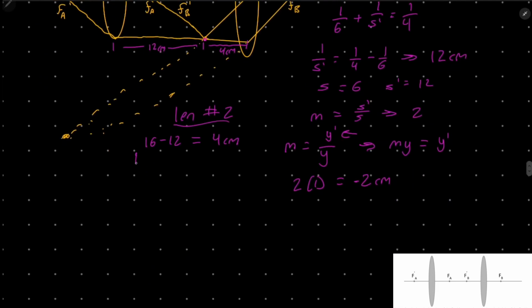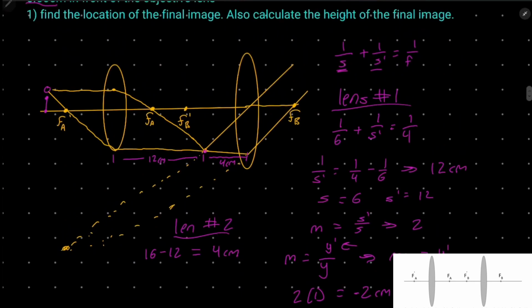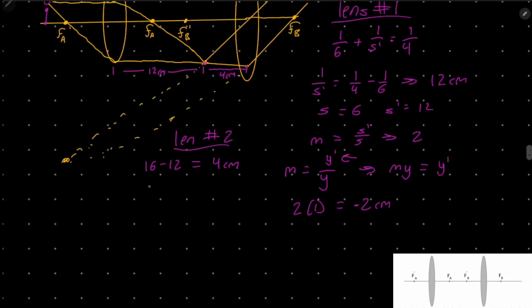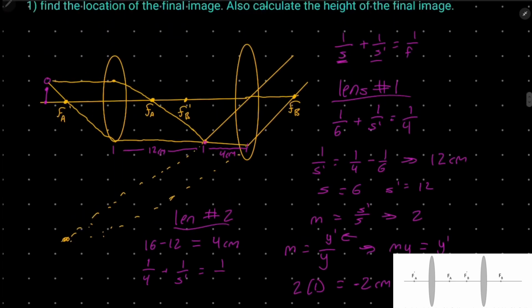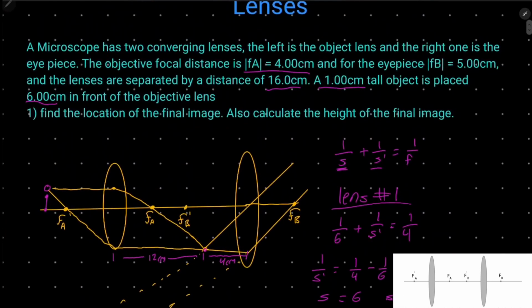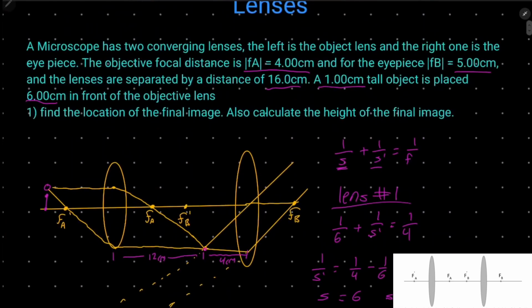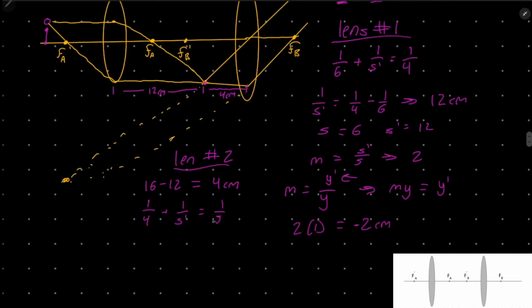So again, we'll use the same equation, 1 over s. You already know it, it's right here. So I'm just going to plug in our variables. 1 over 4 plus 1 over s prime is equal to 1 over our distance of our focal point, which is 5 centimeters. So we'll put 5 right here.